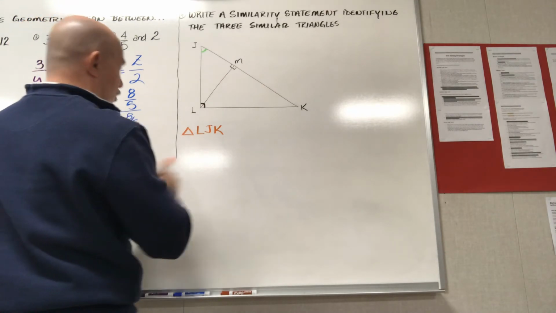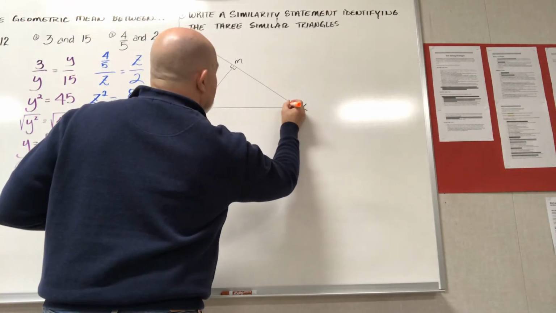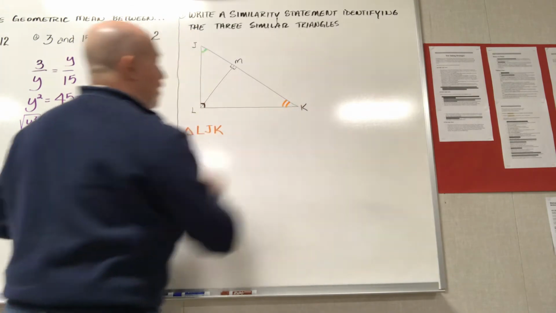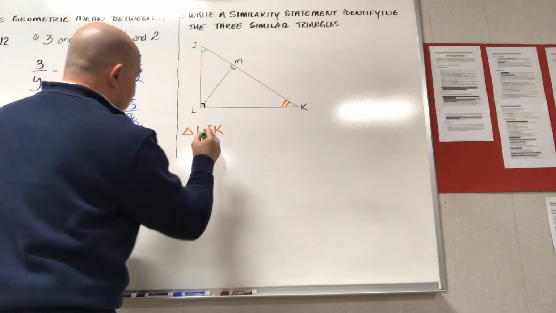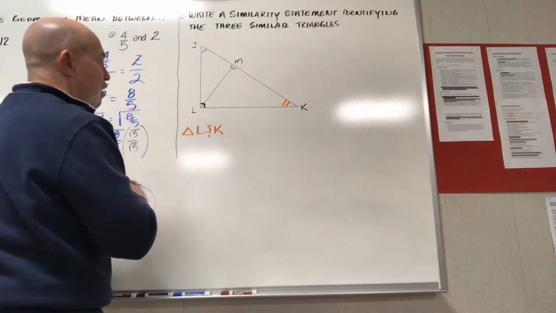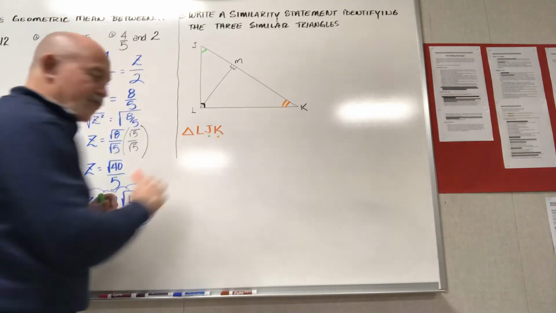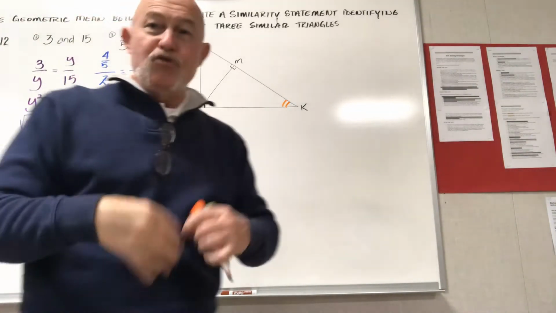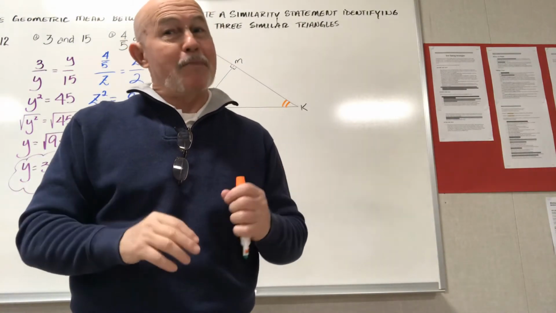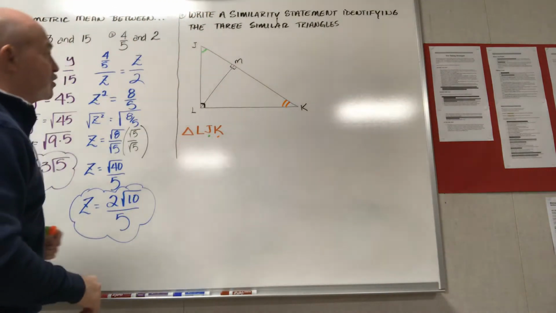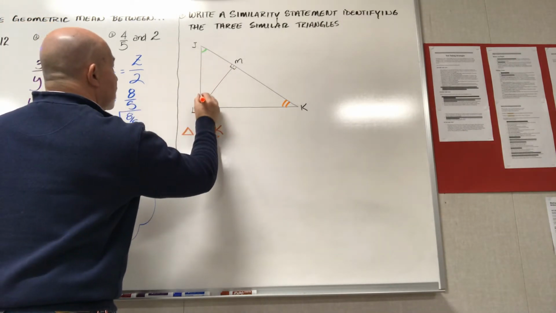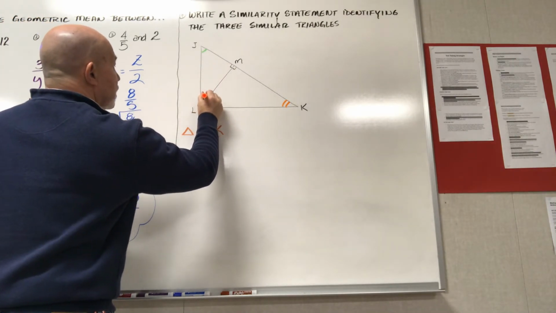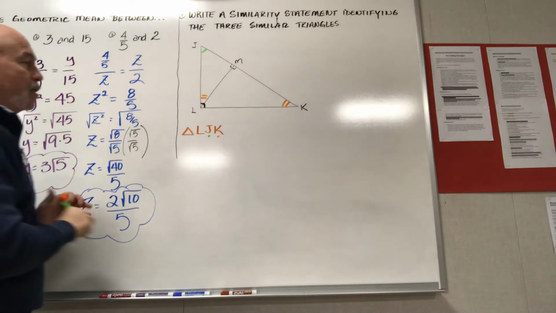There's that angle and that. So J was the green, K is the orange, just for the sake of this. Until you get comfortable with it, this might not be a bad idea. Let's match. If that's green, that's 90, that's orange.